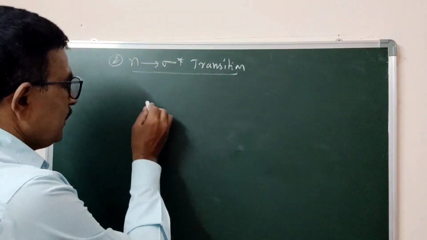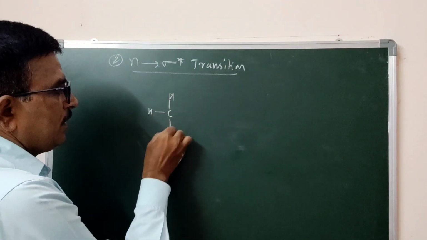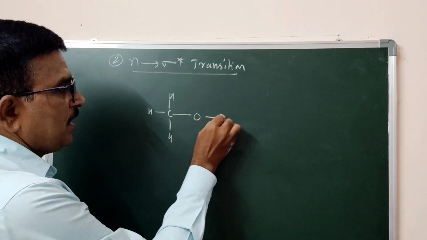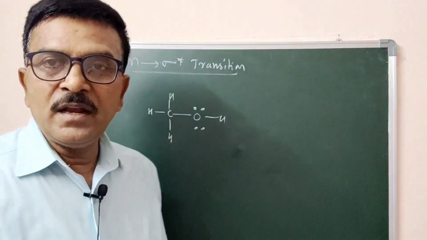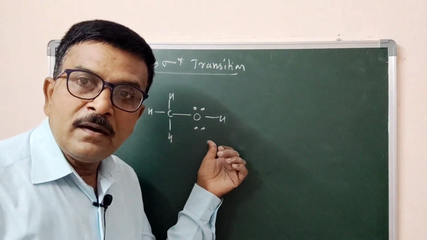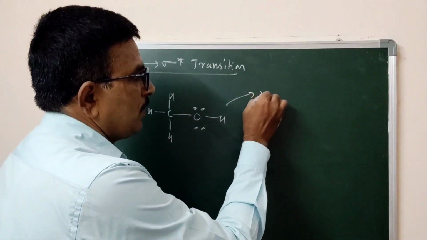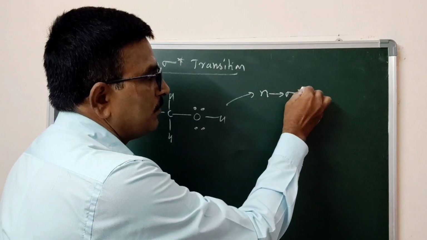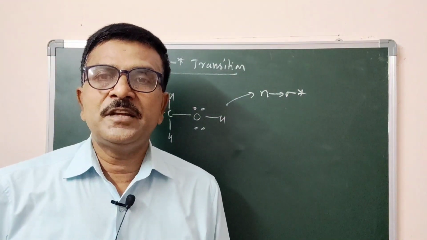Example, you take alcohol, say methyl alcohol. So this contains non-bonding electrons as well as sigma electrons, hence it undergoes n to sigma star transition. There is a possibility of n to sigma star transition.